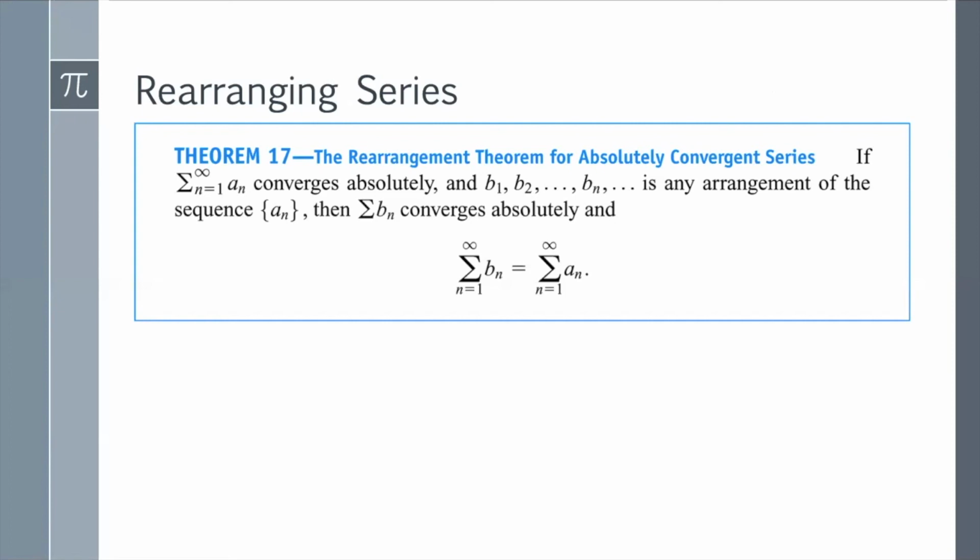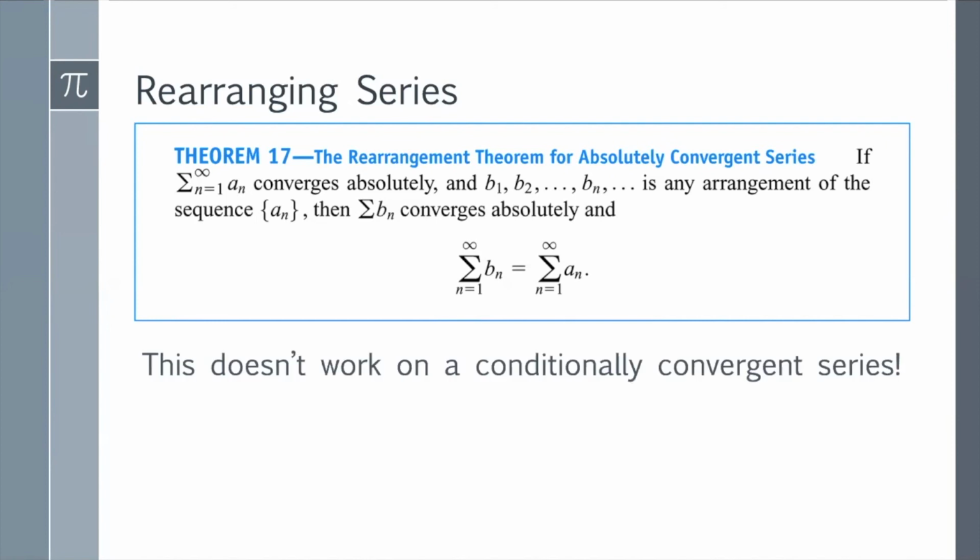If the sum n going from 1 to infinity of a sub n converges absolutely, and b1, b2, and so on, b sub n, and so on, is any arrangement of the sequence a sub n, then the series b sub n also converges absolutely, and it has the same sum as the original series. So in other words, if you have an absolutely convergent series, you can rearrange the terms of that series in any order you want, and it will still converge absolutely, and it will converge to the same sum.